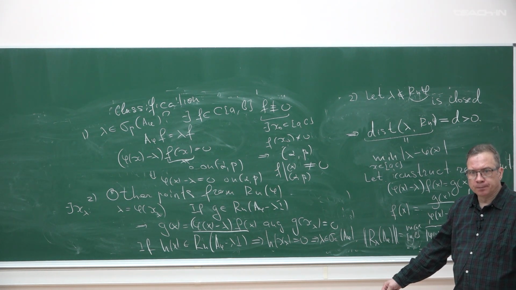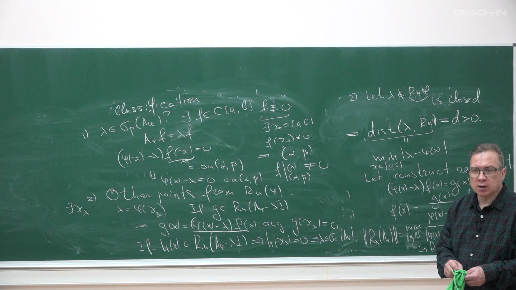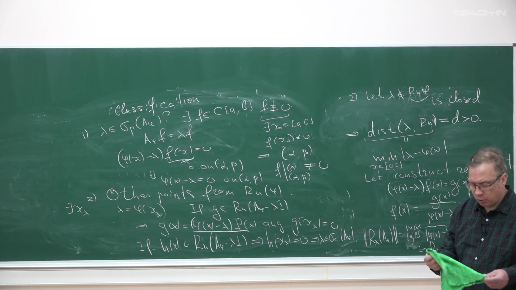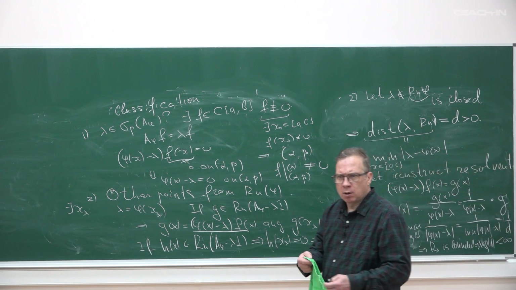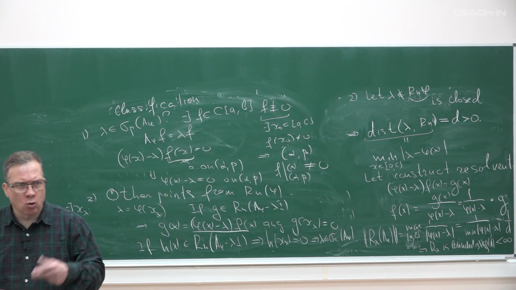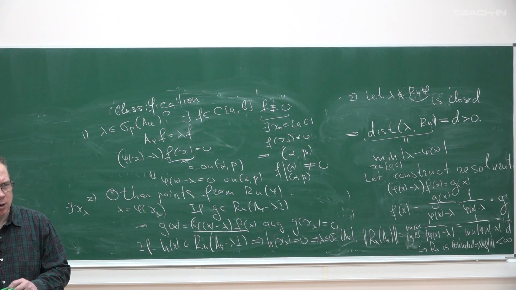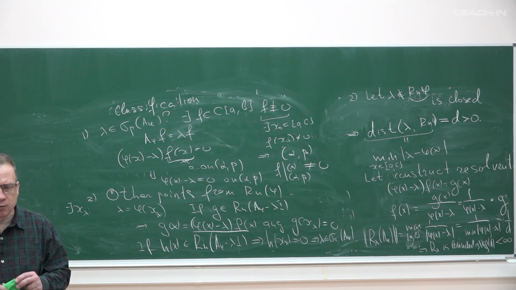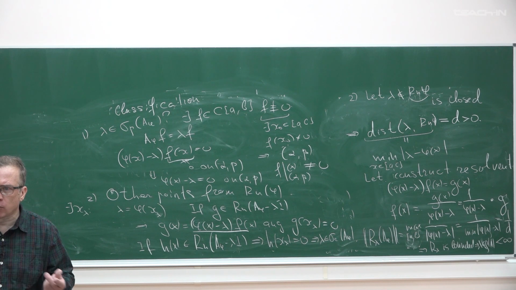So that's all for these two classes of operators. A very useful, very important class of operators: multiplication by a function. We consider only bounded operators, but many things can be transformed to unbounded operators. So the operator in quantum mechanics, the operator of coordinate, is just multiplication by the variable x.